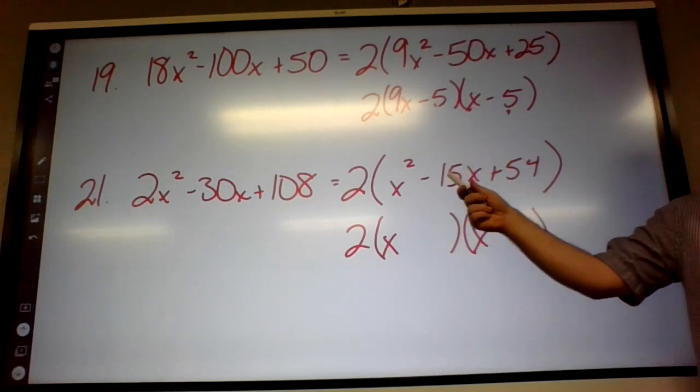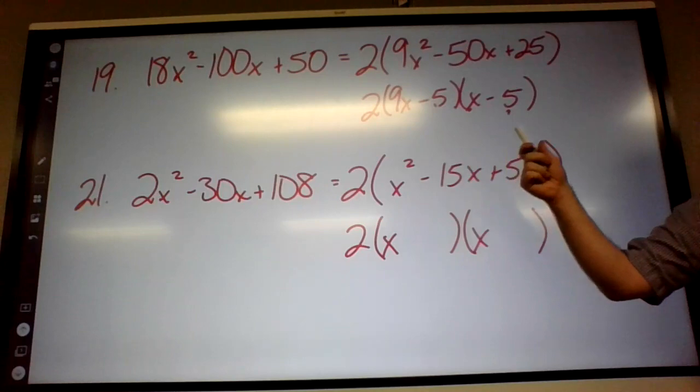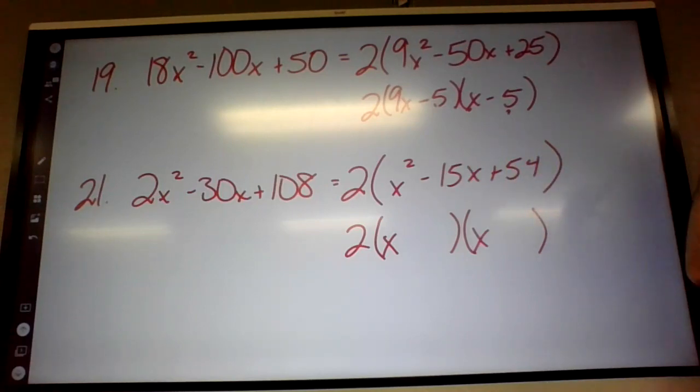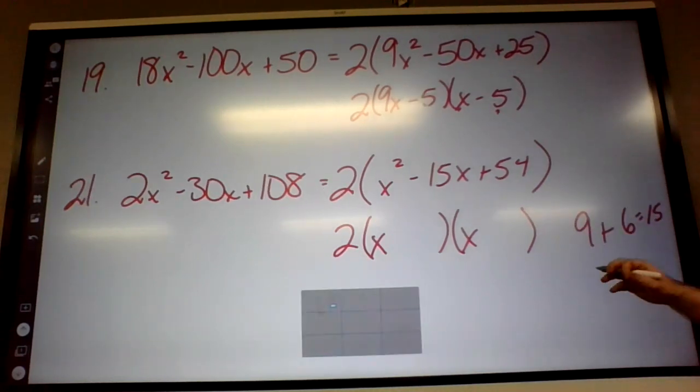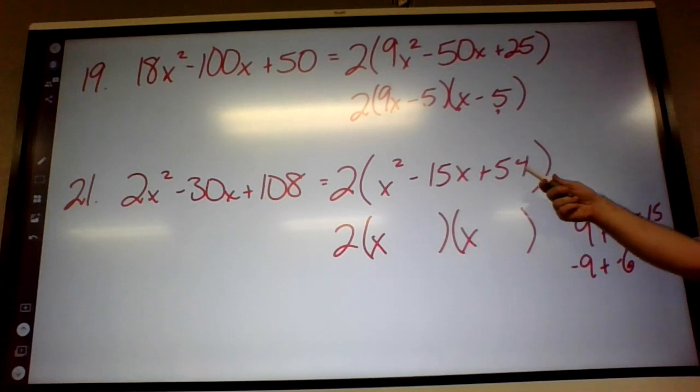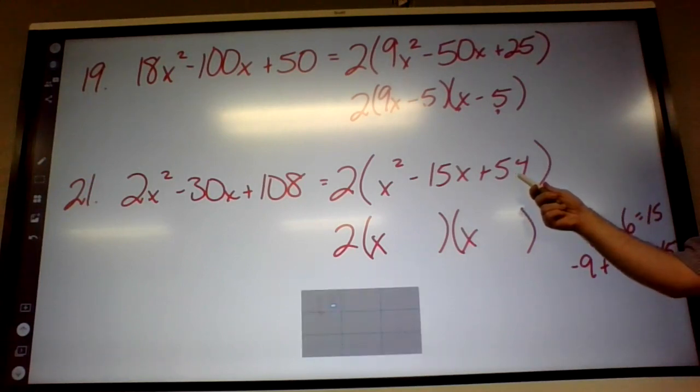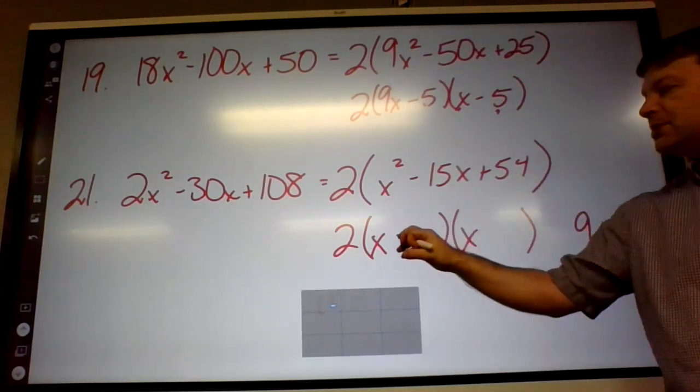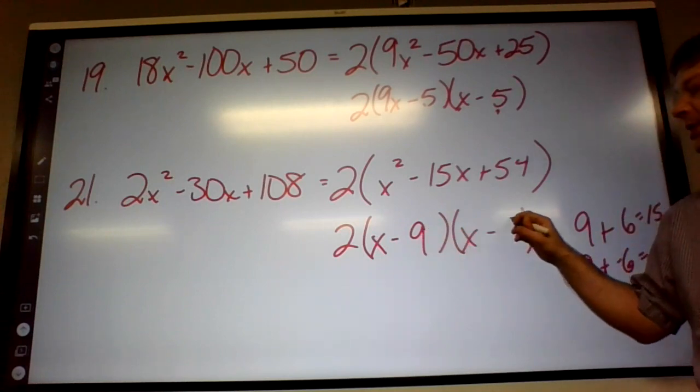How do we make 9 and 6 add up to negative 15 though? If they're 9 and 6, 9 plus 6 is 15. So how do we make them add up to negative 15? Negative. Right, if they're both negative, that would add up to negative 15, and negative times negative is still positive 54. So negative 9, negative 6.